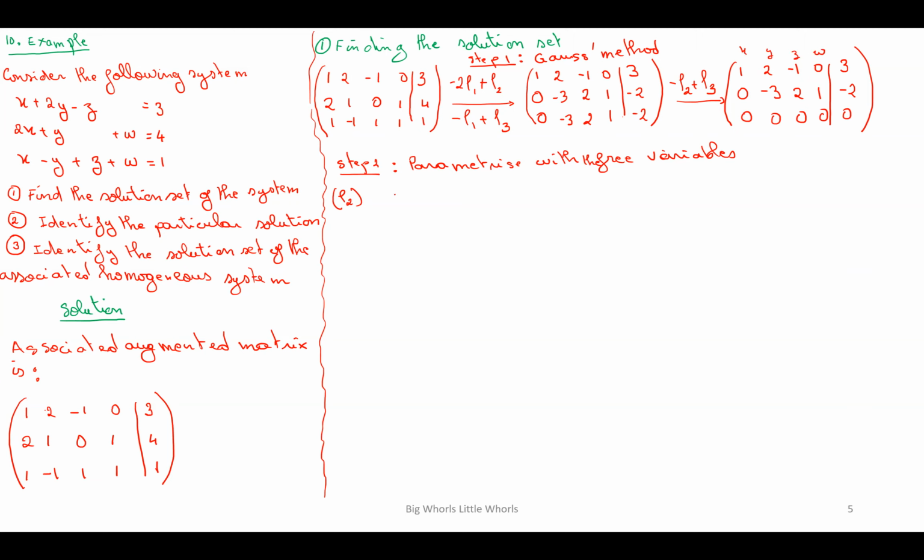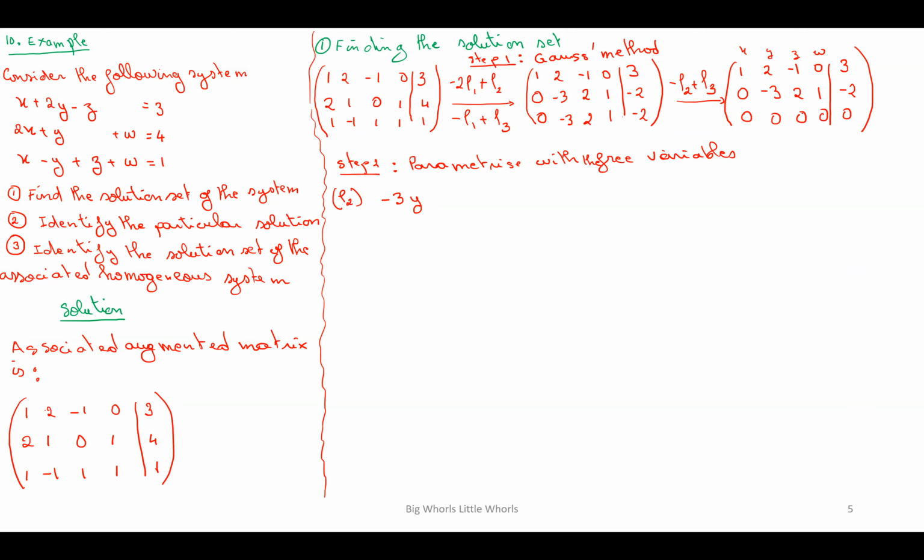So row 2 is going to be minus 3y. In row 1, x is leading. In row 2, y is leading. But before we start parameterization, can you guess what is the type of solution for this system?